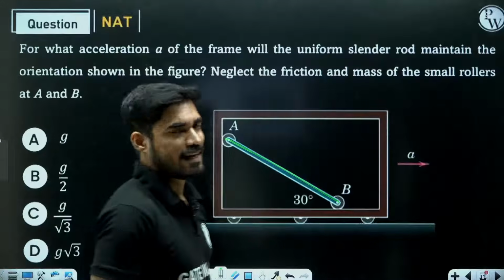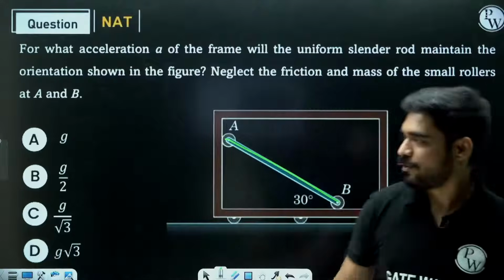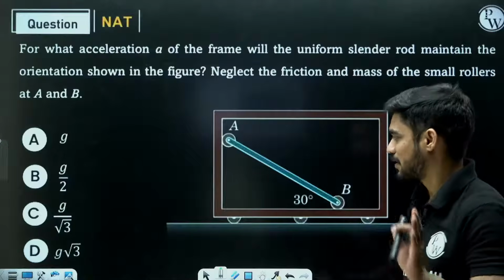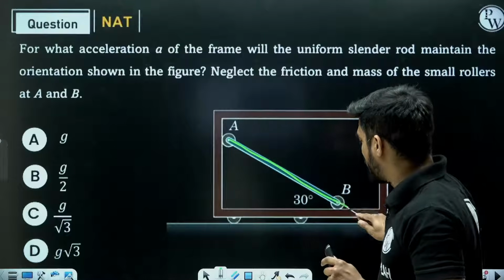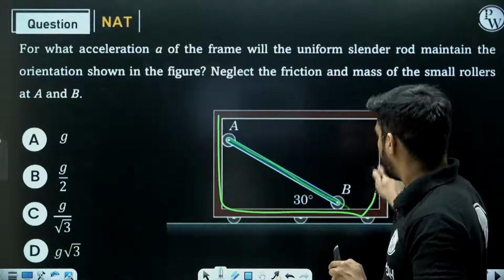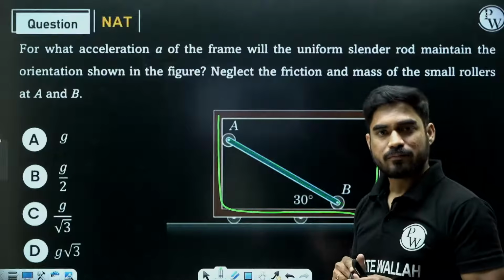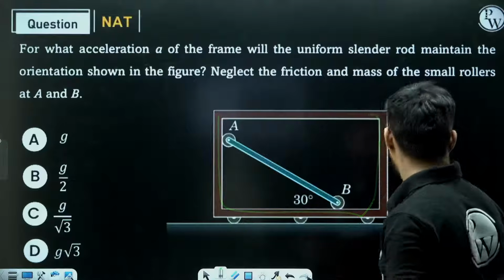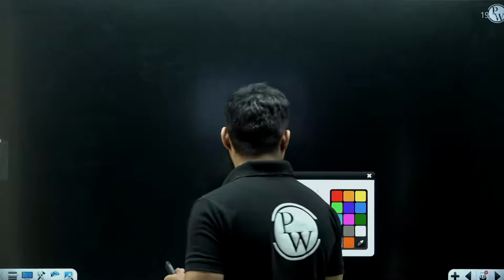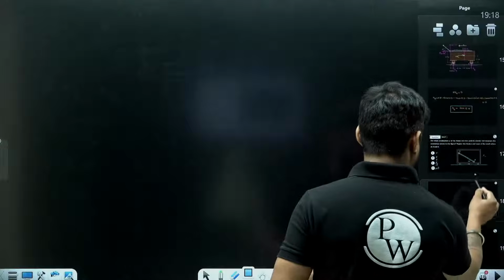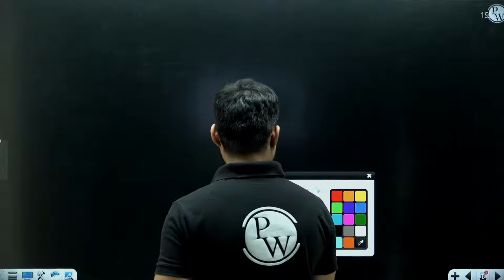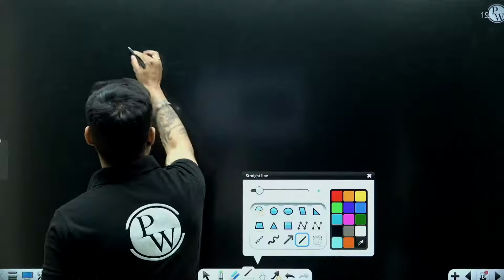Now, understand, although it looks very difficult, it's a very simple question. If it is not slipping with respect to the frame, it means it will move just like the frame, in translation motion.